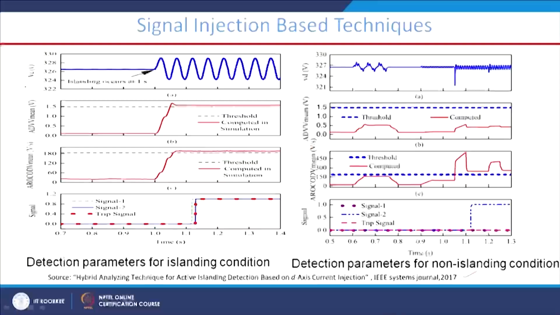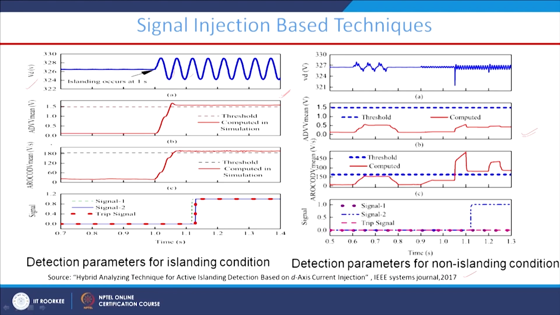Now, if you see the first figure, that is Vd, in volts. The left side figure is for the islanding situation and the right side figure is for the non-islanding situation. This is the variation of Vd, and you can see it oscillates with a certain frequency.